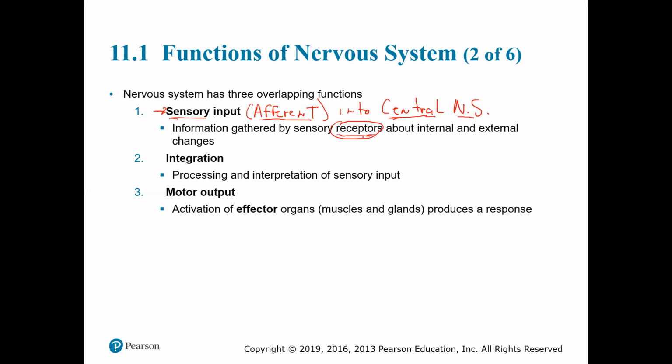All right, so these receptors are bringing in information about internal, which could be like blood pressure, how much oxygen is in my blood, how much carbon dioxide is in my blood. And external is everything else. All the external changes, like change from dark to light, or the pain versus fine touch, those kinds of examples.